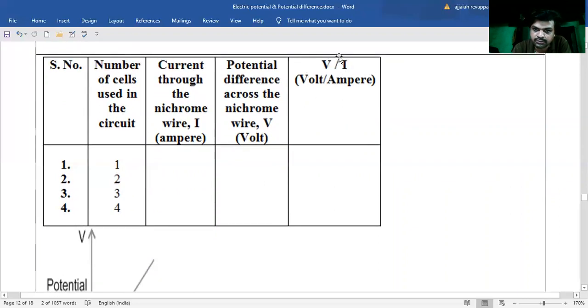V by I is a ratio because we are dividing potential difference by current. We are going to get the same ratio. Suppose you are getting, say, 2 for the first ratio, then the second, third, fourth will give the same ratio. I'll take one example.